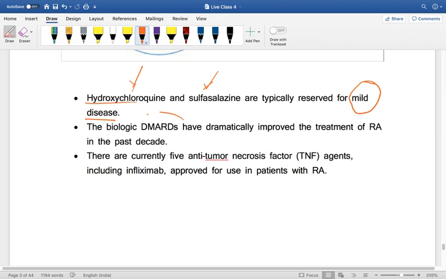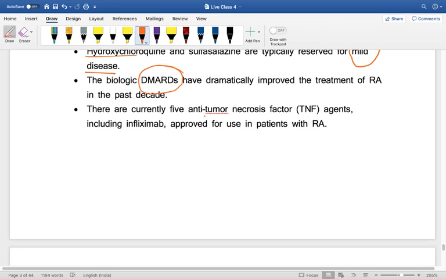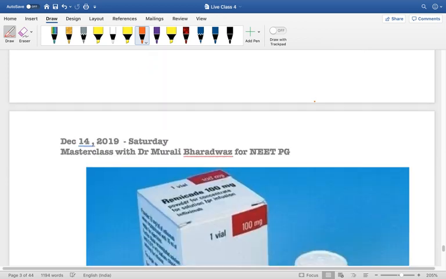And then also biological targeted therapies which are disease modifying in rheumatoid arthritis. So what are they? There are 5 anti-tumor necrosis factor agents, doctor. Mainly it is infliximab. Infliximab is anti-TNF.